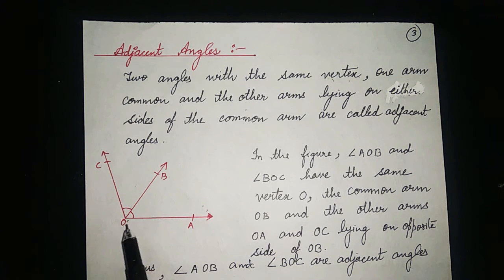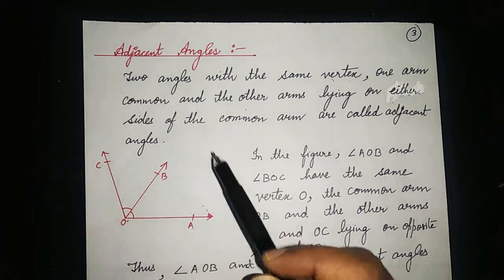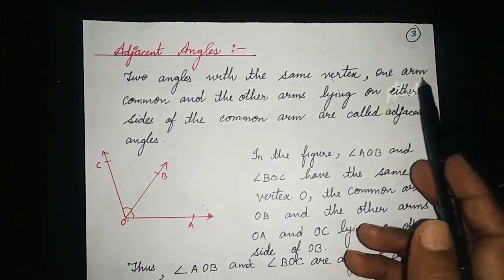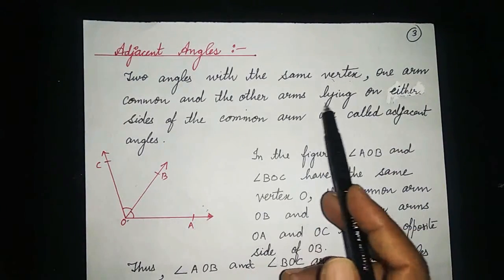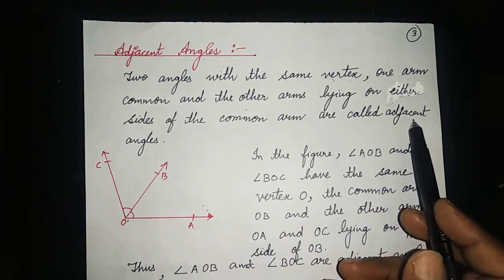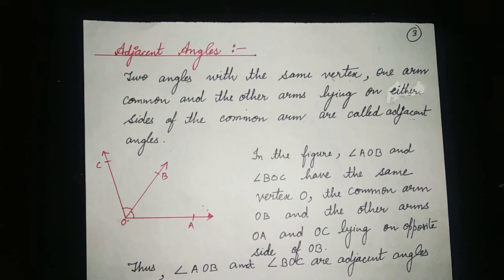These two are non-common arms which are on either side of the common arm. So you can say two angles with the same vertex, one arm common and the other arms lying on either side of the common arm are called adjacent angles.